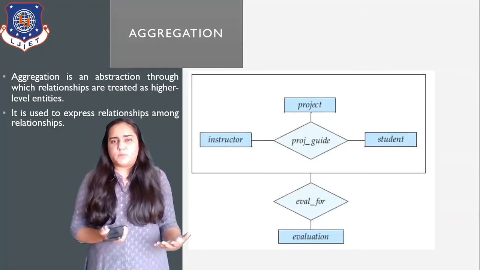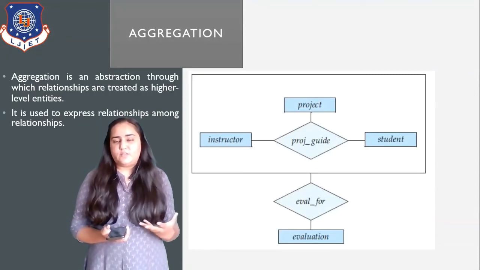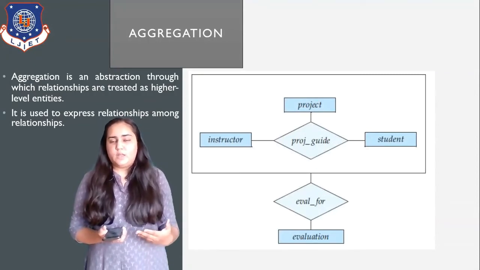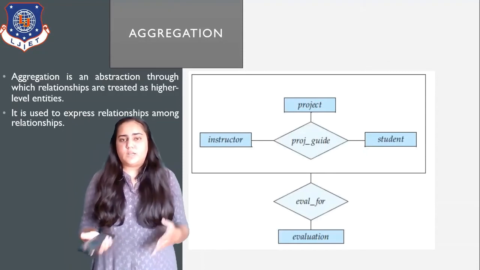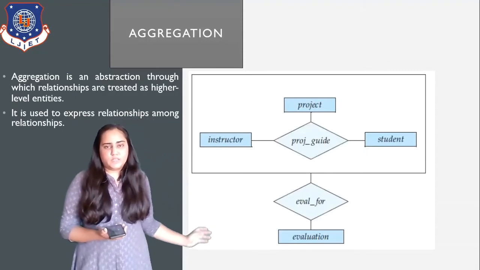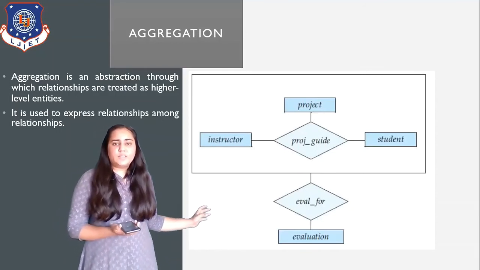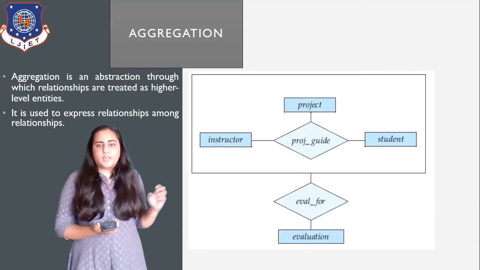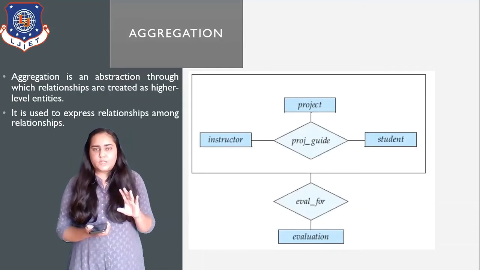And not just marks, but maybe some comments, how to improve, and some grades and things of that sort. If I want to give that, maybe a monthly evaluation or weekly evaluation, then for that, I would have to create another entity set. And once I create another entity set, I can store it like that.